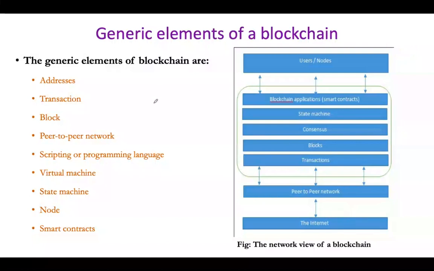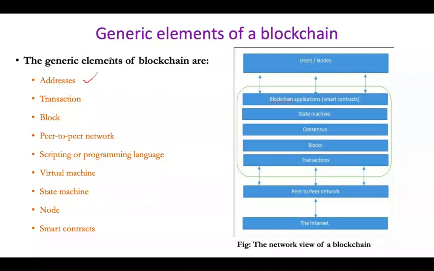The generic elements of blockchain are addresses, transactions, blocks, peer-to-peer network, scripting or programming languages, virtual machines to implement the blockchain, state machines, nodes, and smart contracts. These are a few of the generic elements of blockchain.